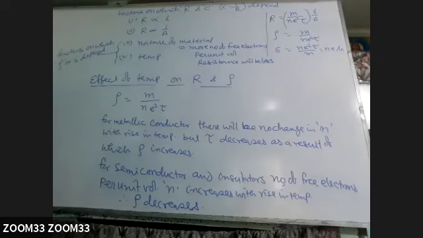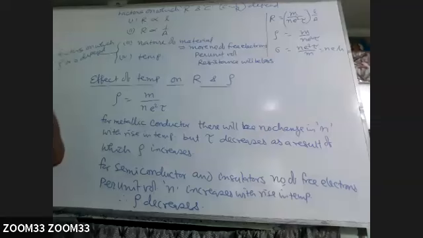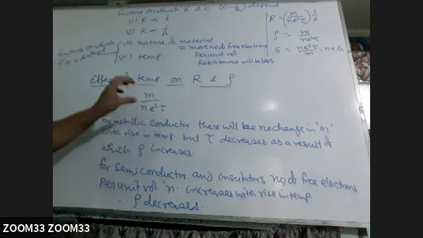In case of semiconductors or insulators, insulator means whose resistance is very high. They are insulators because they have very less number of free electrons. So for semiconductor and insulator, this n will increase due to the breaking of covalent bonds or due to thermal excitation, more electrons will become free. So this will dominate over this factor. As a result, rho decreases.